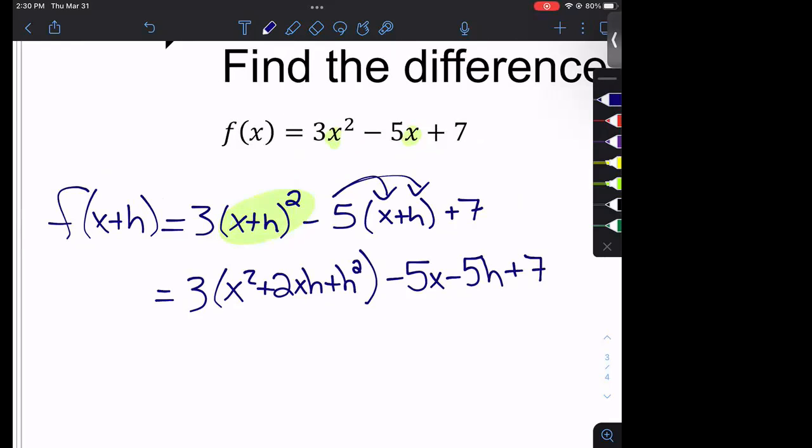Got one more step I need to do to simplify here. In order to simplify, I need to get rid of my parentheses, which means I'm going to distribute. So now I have 3x squared plus 6xh plus 3h squared, and then everything else is going to come down.